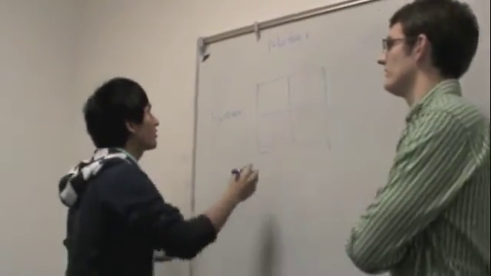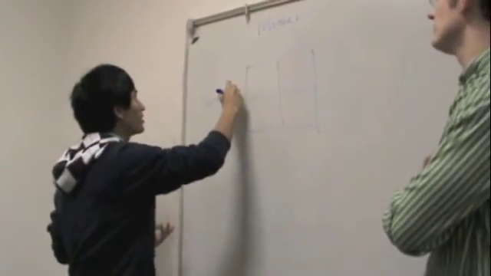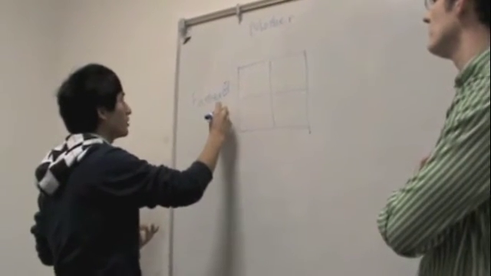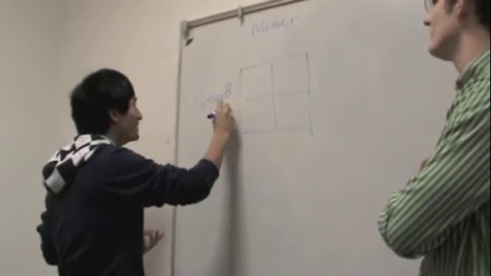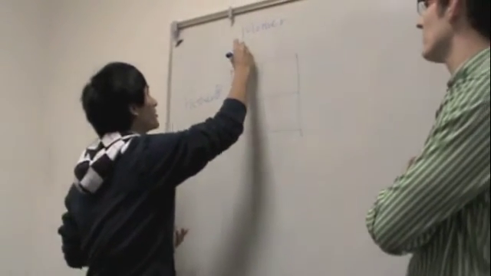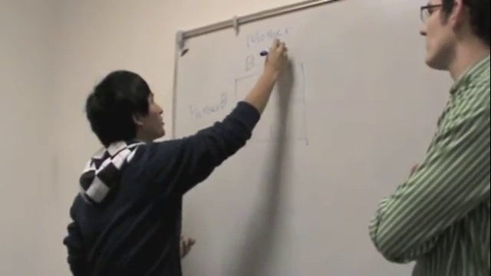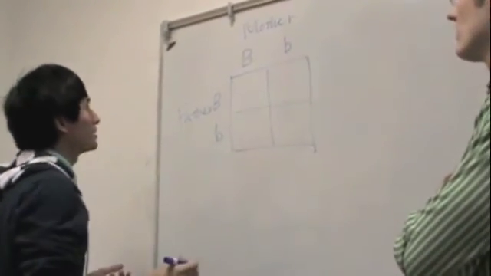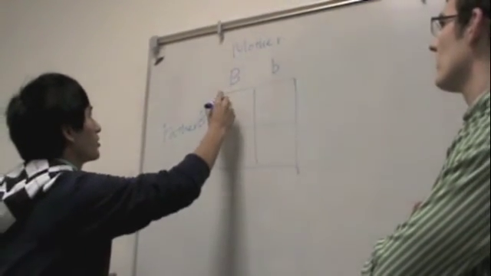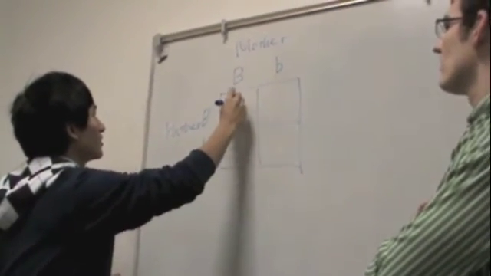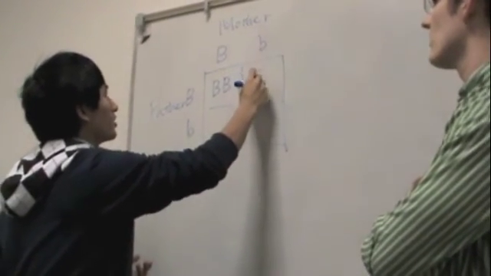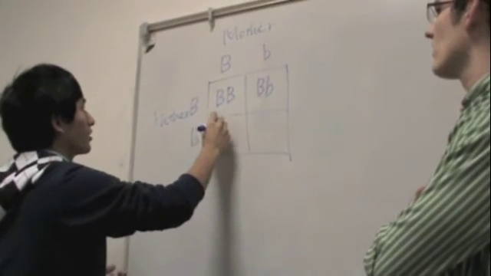Okay, I understand. I think it would be so. Your father has a dominant big B and a small b. And your mom has a big B and a small b too. So, I think the case would be like this.